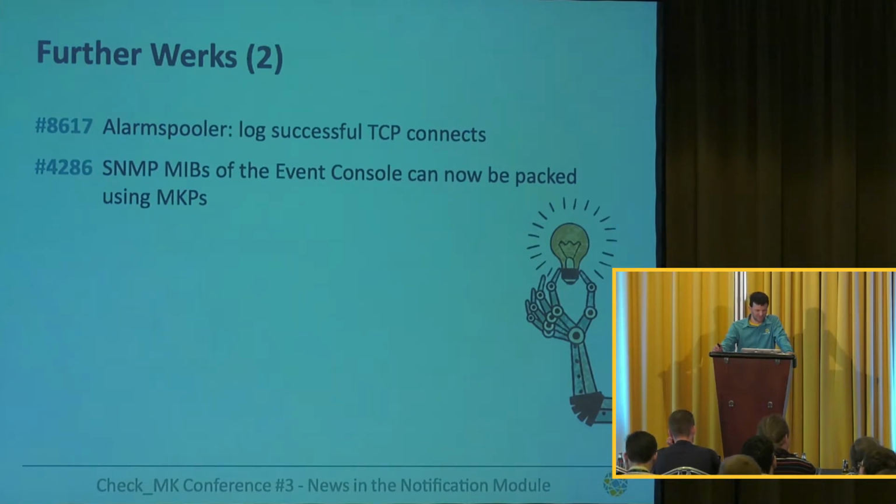Then here's 4286. That's also interesting. The SMTP MIBs can now be packed into MKP packages, and can be copied to a host.